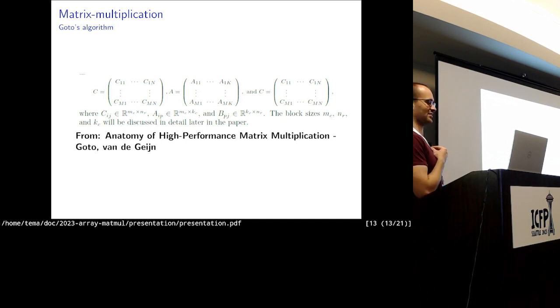And as you can see, we block matrices into smaller block matrices. And that is basically the idea behind any high-performance implementation. And this is pretty high level and mathematical. So this already tells us that maybe it's not necessary to go into all the low-level details and assembly that libraries do.